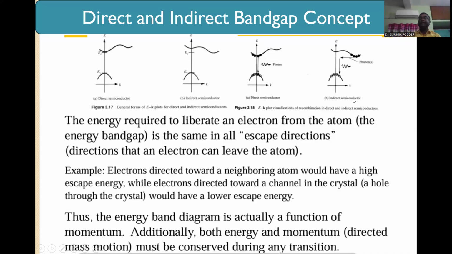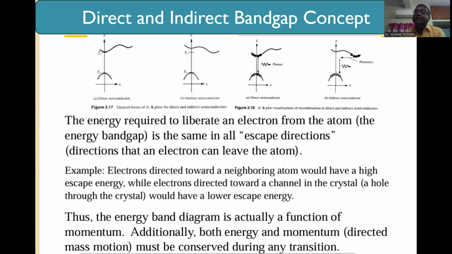But in the case of an indirect band gap semiconductor, the valence band maxima and the conduction band minima are not at the same position of K. As the wave vector value is different, to meet the holes the electrons have to traverse a path from this K value to the K value 0, and then fall onto the holes and recombine.